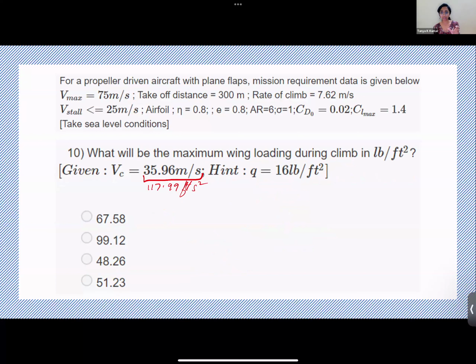So there was a relation, the limiting inequality related to the wing loading, right? There was an equation for that. Do you remember that? So wing loading is less than or equal to some term. Try using that equation. Let's just write it down.